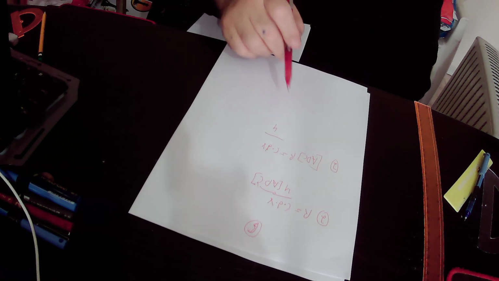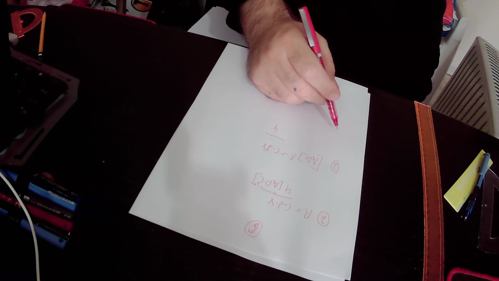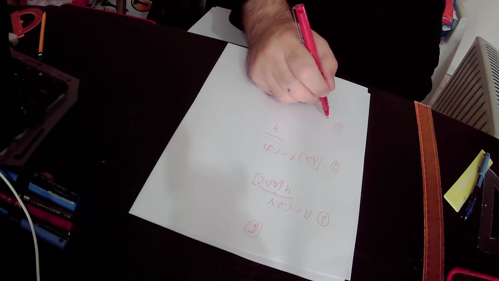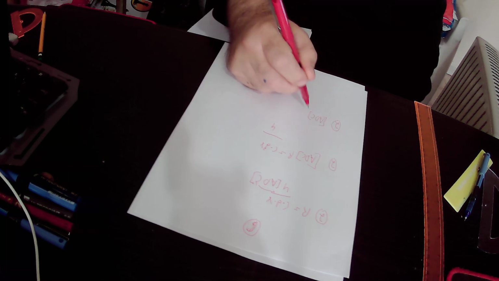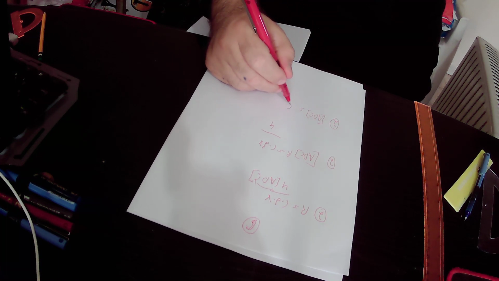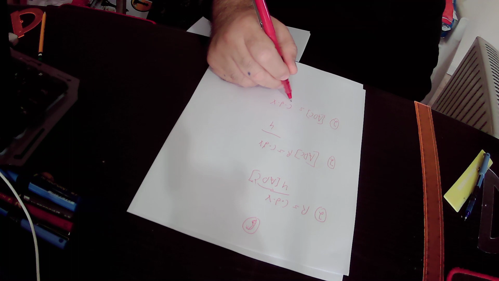So here we'll divide by R, and we'll get that the area of triangle ADC equals C times D times X over 4R.